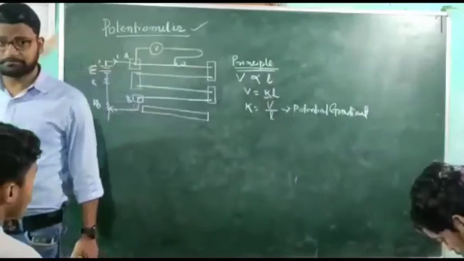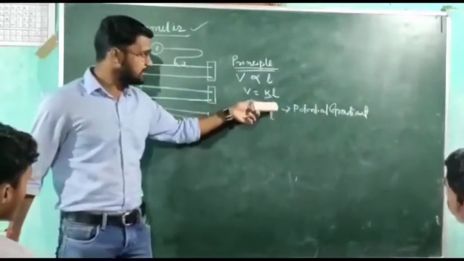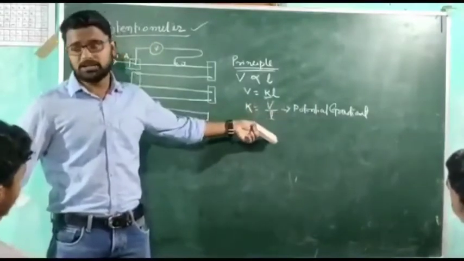As you can see from the formula, potential gradient is nothing but the potential per unit length, or potential drop per unit length.